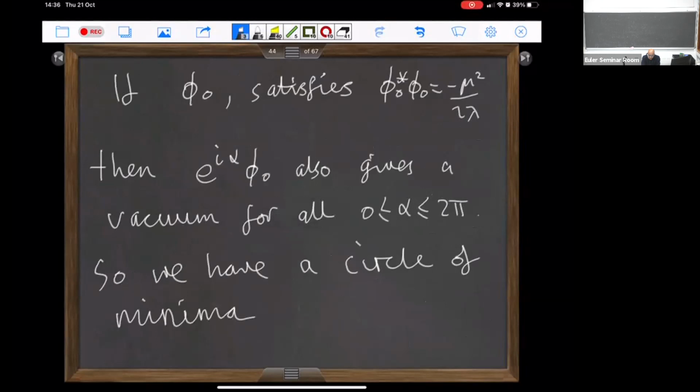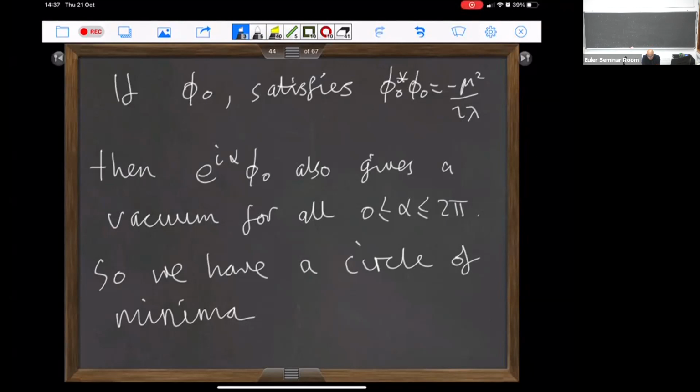Now, there's more than one minimum. There's a whole family of minima. So if I take a particular value, phi 0, which satisfies phi 0 star phi 0 is minus mu squared over 2 lambda, then obviously if I multiply by a phase, e to the i alpha, that's also a solution for all alpha between 0 and 2 pi, because phi star phi has a U(1) global symmetry.